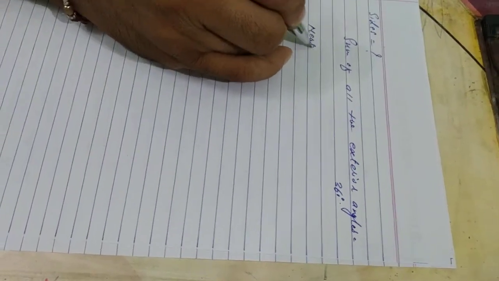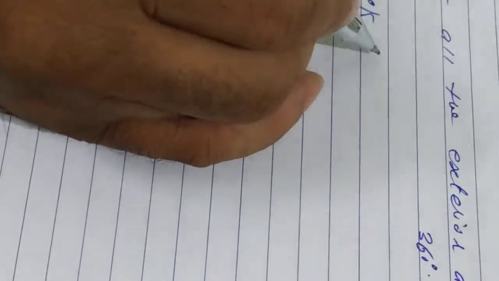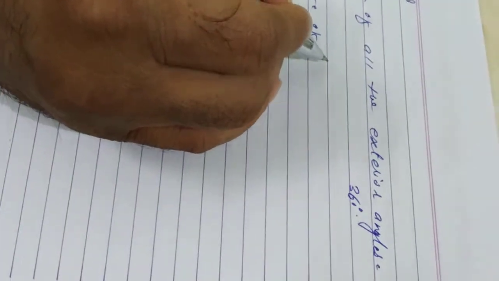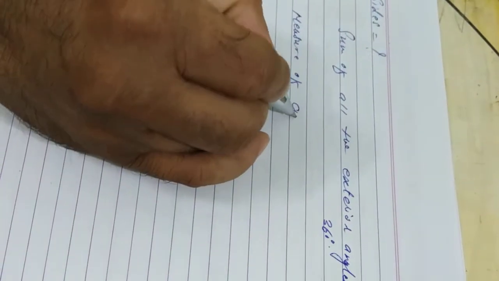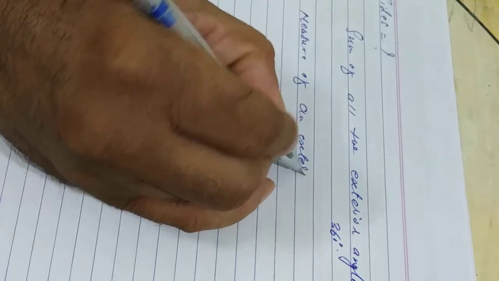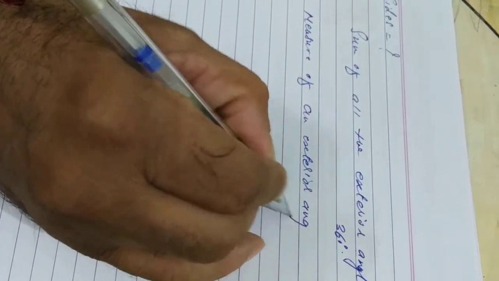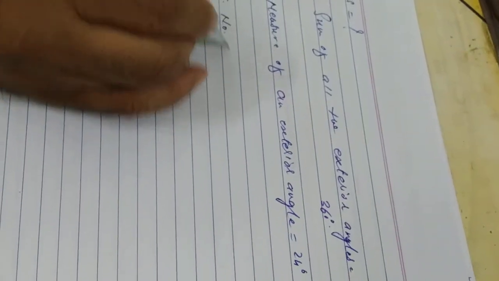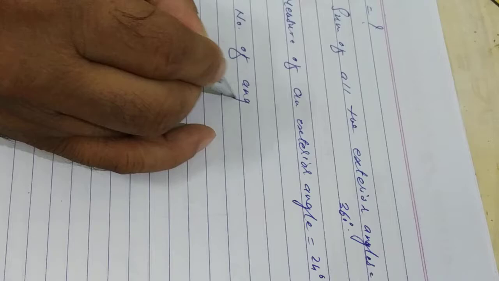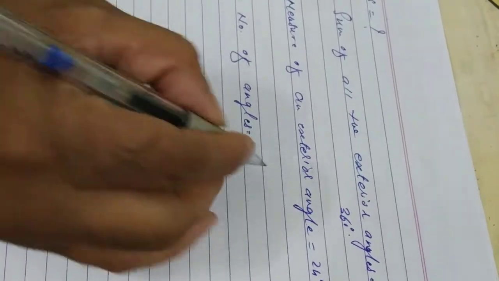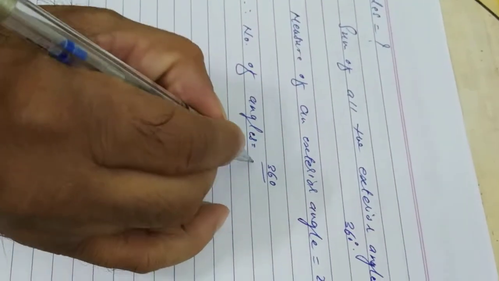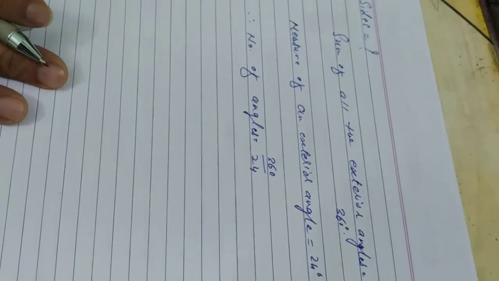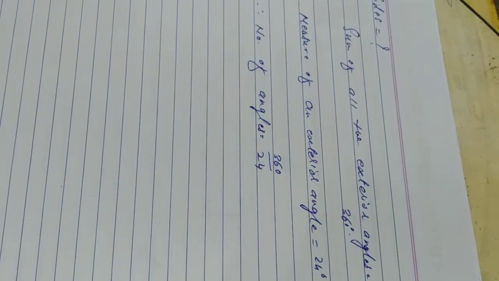The measure of an exterior angle is equal to how many degrees? 24 degrees, right? Therefore, the number of angles is equal to 360 upon 24, right?